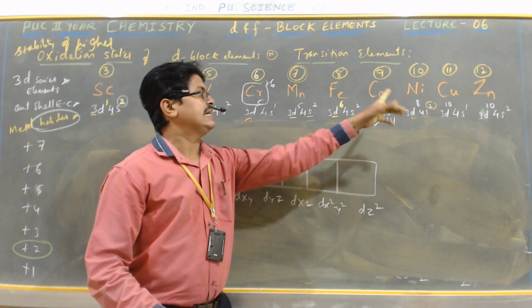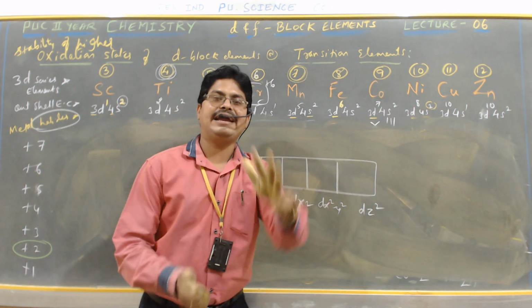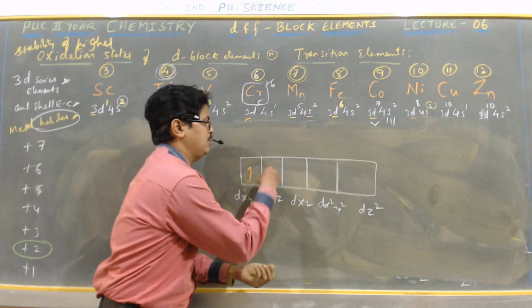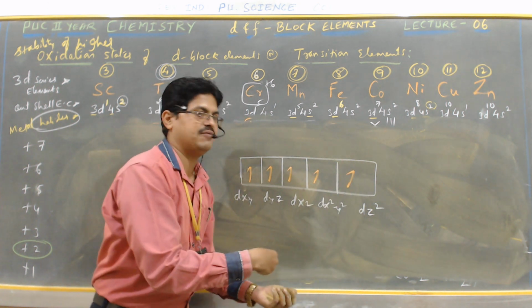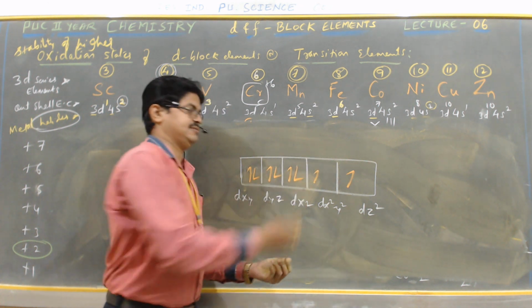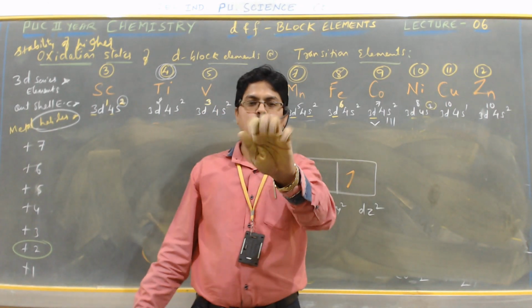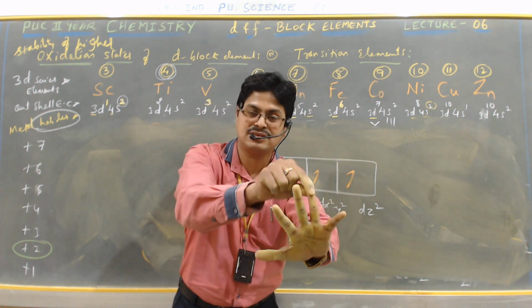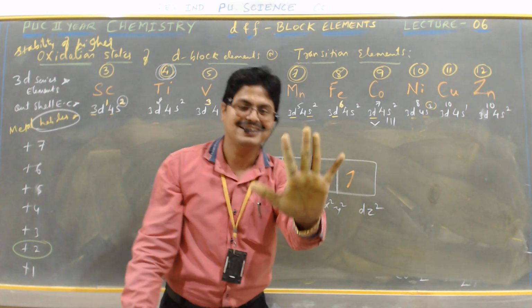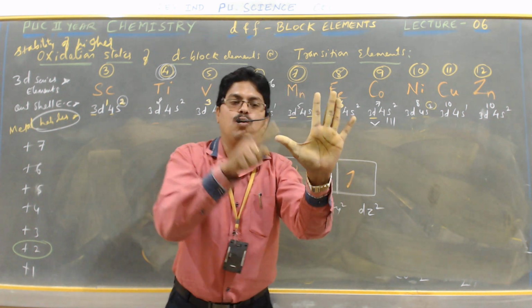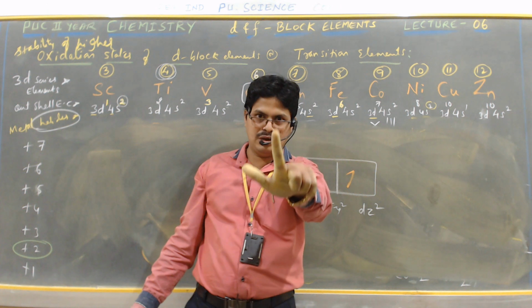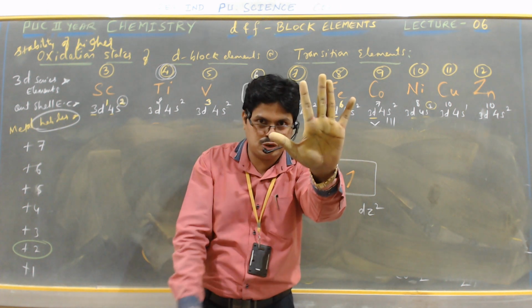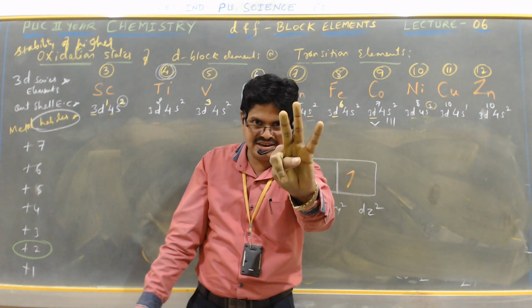So in nickel d8, think of the filling of electrons like this. 1 electron means you raise 1 finger; 2, 3, 4, 5 electrons. Next, the pairing of electrons you show like this: 6, 7, 8.